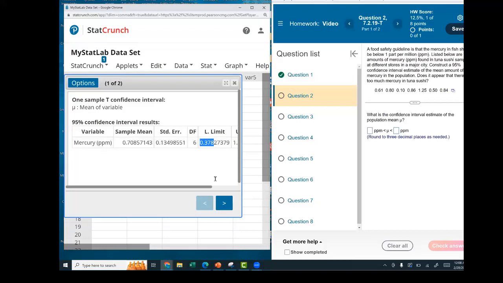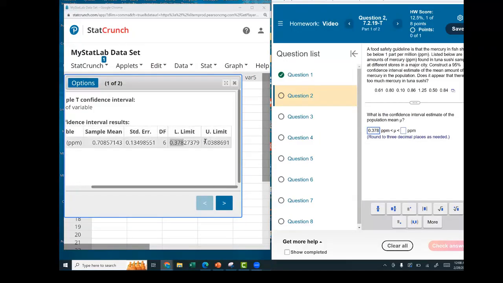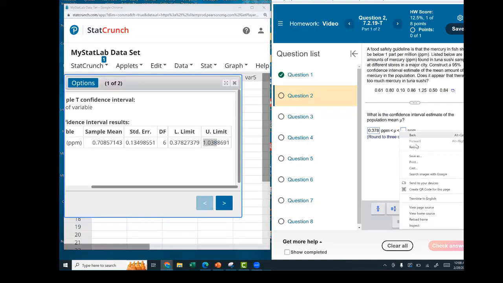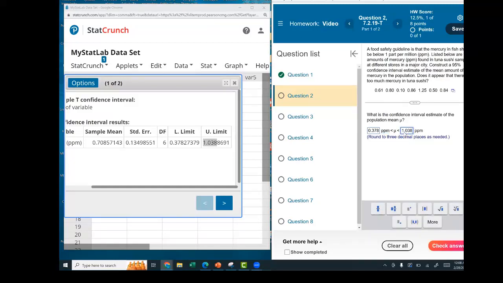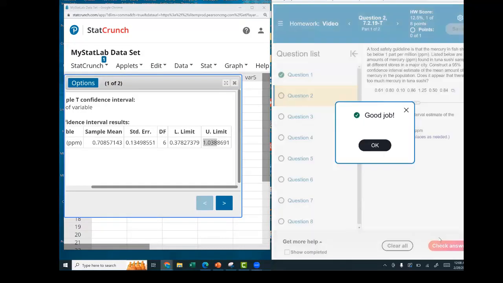So that stays like that. And my upper limit, and that is going to round up to 9. And perfect.